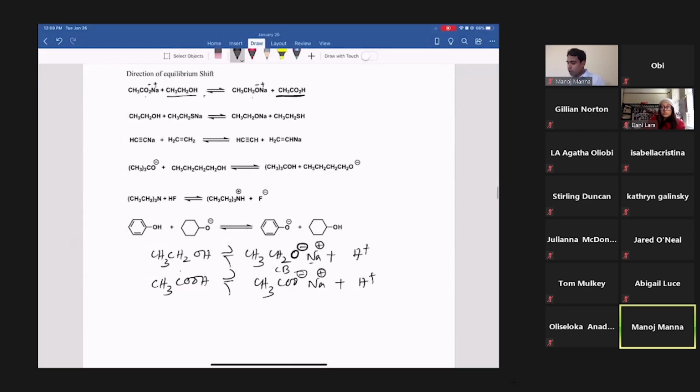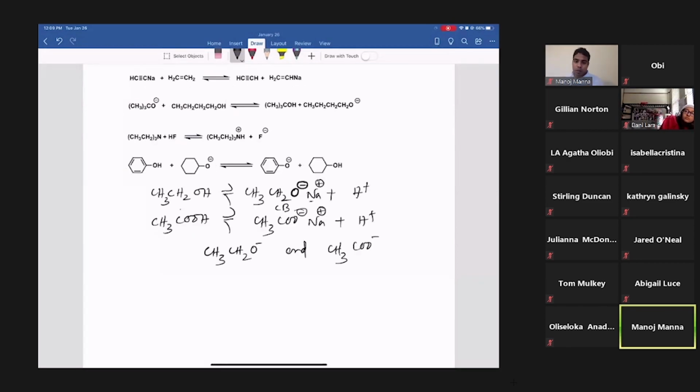Now we have to decide which direction the equilibrium shifts. Ultimate goal: we have to find out which is the more stable conjugate base, CH3CH2O minus or CH3COO minus.